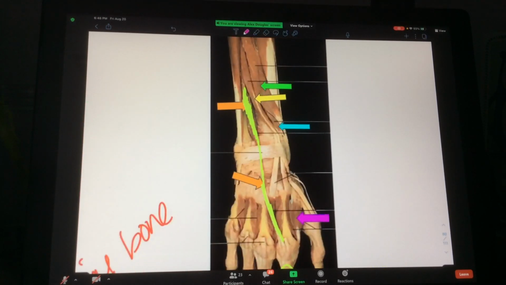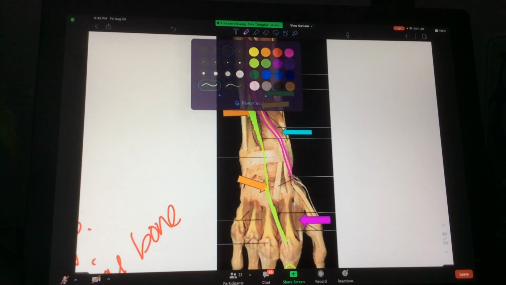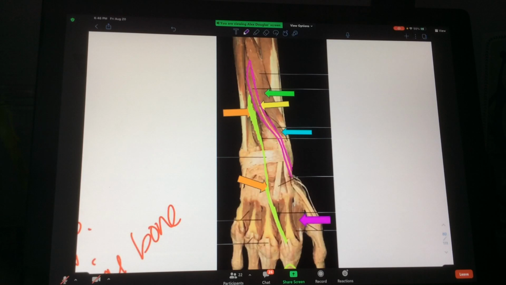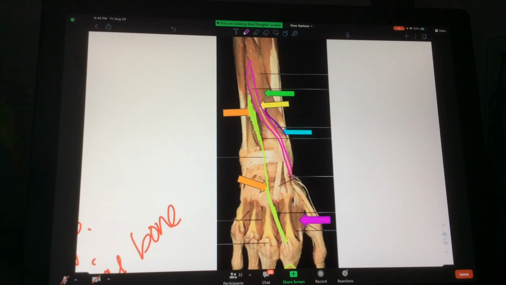So I'm going to zoom in for this. This one right here is going to be your extensor pollicis brevis, okay? And then you're going to have on top, this is your extensor pollicis longus, and then right here in the middle, you have extensor pollicis brevis, right here, okay?